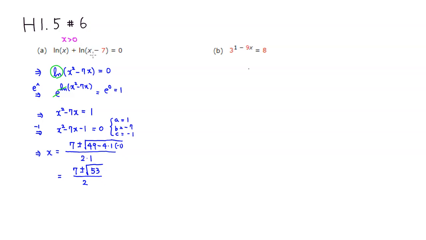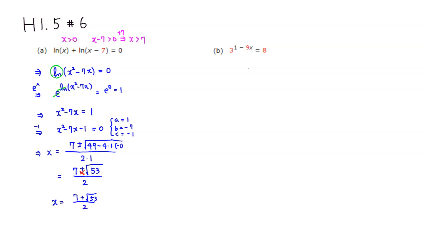And in order for the natural log of x minus 7 to make sense, we have to make sure that x minus 7 is greater than 0, which means we can add 7 to both sides, so x has to be greater than 7. So you can see that we cannot have the negative one because that's going to be way too small. Therefore, the x value is 7 plus square root of 53 over 2.